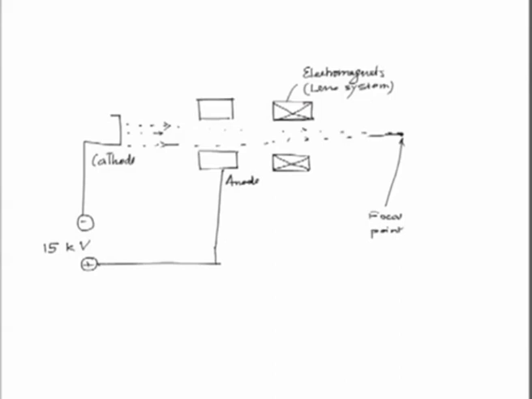Now, if we allow these electrons to fall on a material, which is nothing but our work material, then the intense heat generated by the high velocity electrons on the workpiece surface will cause the material to melt.